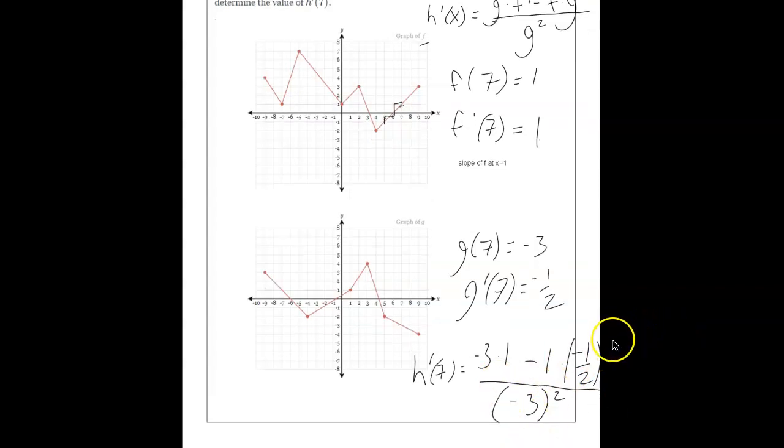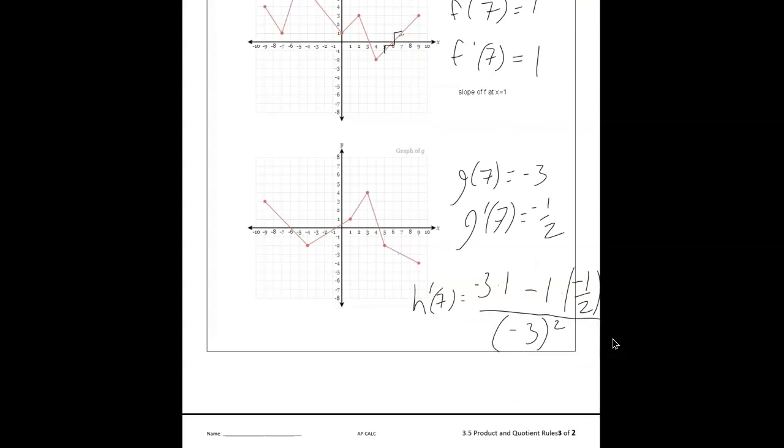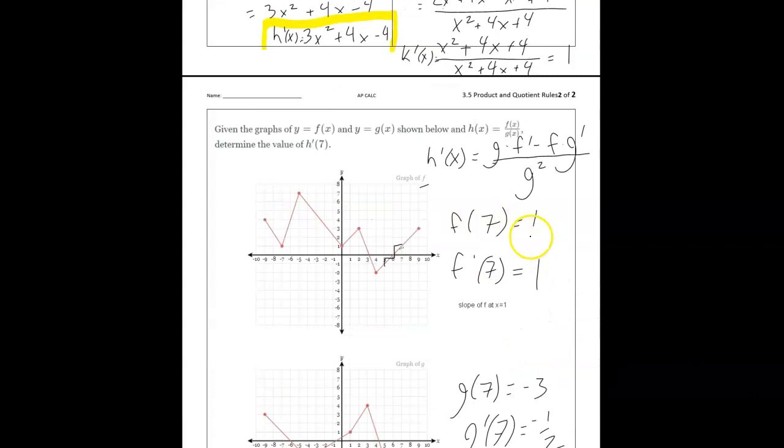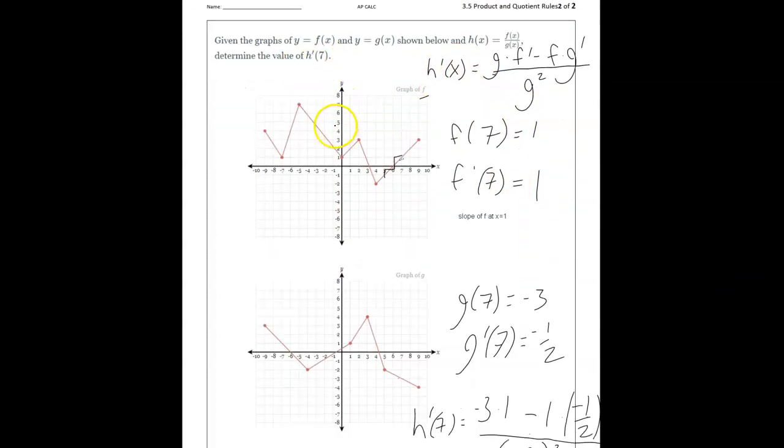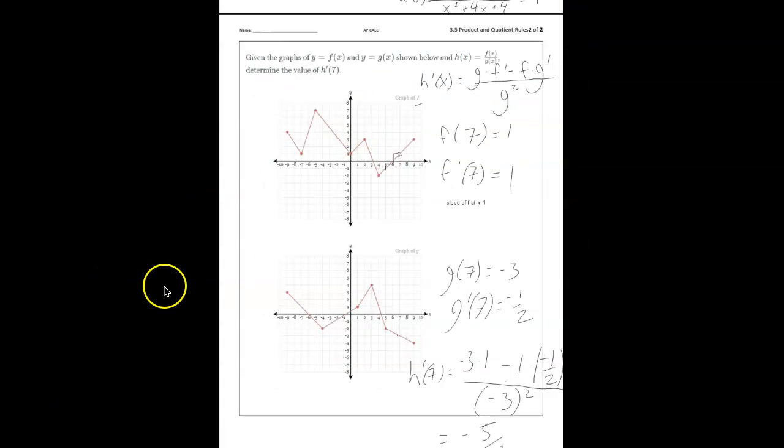And then you can use a calculator to simplify this, or you can do the math out fractionally. Watch out for your negatives, right? It would be good to make sure that you can get this as well. Negative 5 over 18. So it's kind of interesting that my quotient rule works for functions, but it also works if I just go through and plug in numbers, as long as I'm using the values at this x equals 7 that I'm interested in.